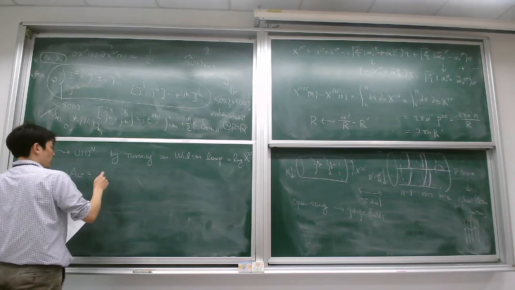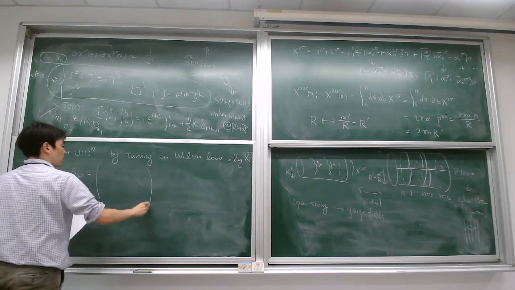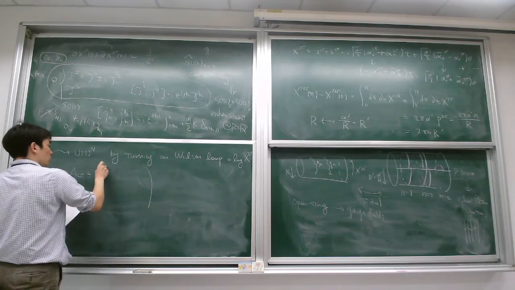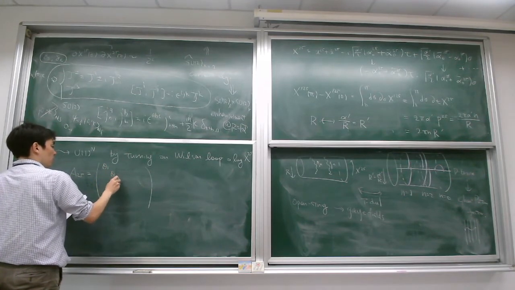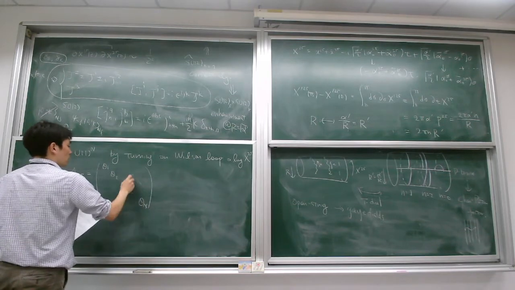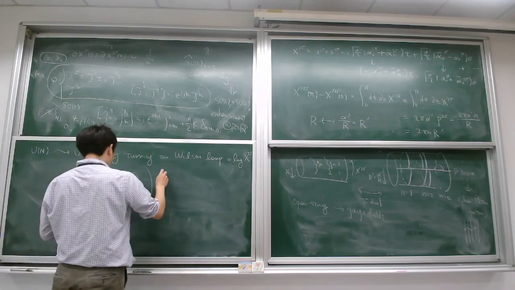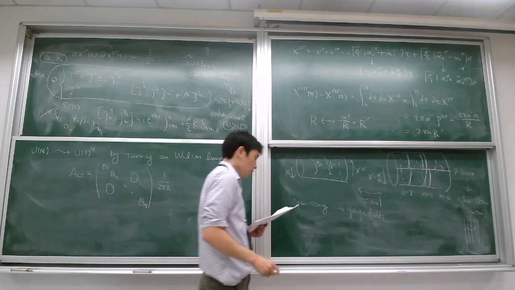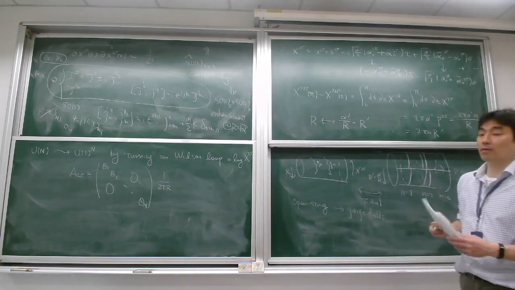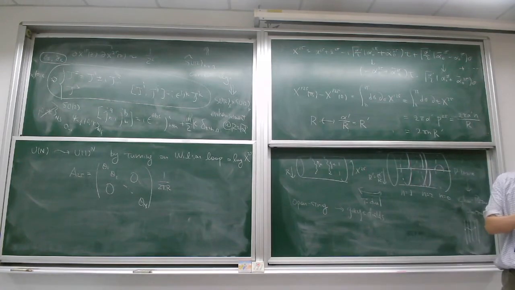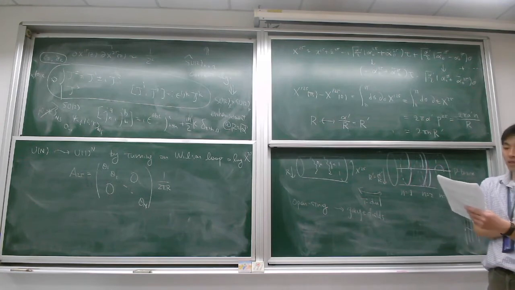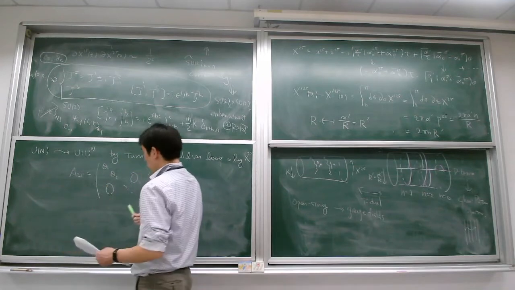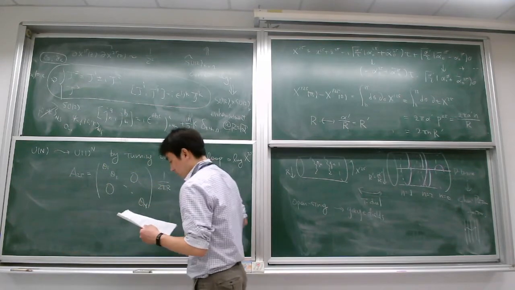It's a U(N) gauge field, an N by N matrix, but we just consider something diagonal, theta 1 up to theta N, with some normalization 2 pi R. So suppose X25 has such an expectation value, just constant. That will break the U(N) gauge field to U(1)^N.